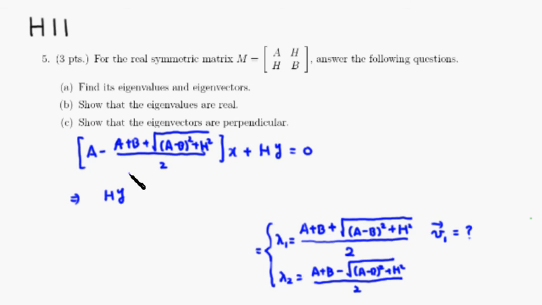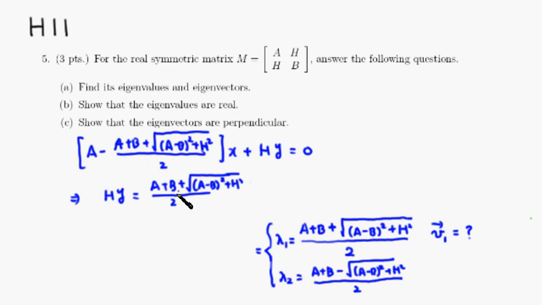hy is equal to, so this guy is going to be negative, so you're going to have 2 on the bottom, a plus b plus square root of (a minus b) squared plus h squared. Then we have to subtract a, because plus a becomes negative a on the other side.